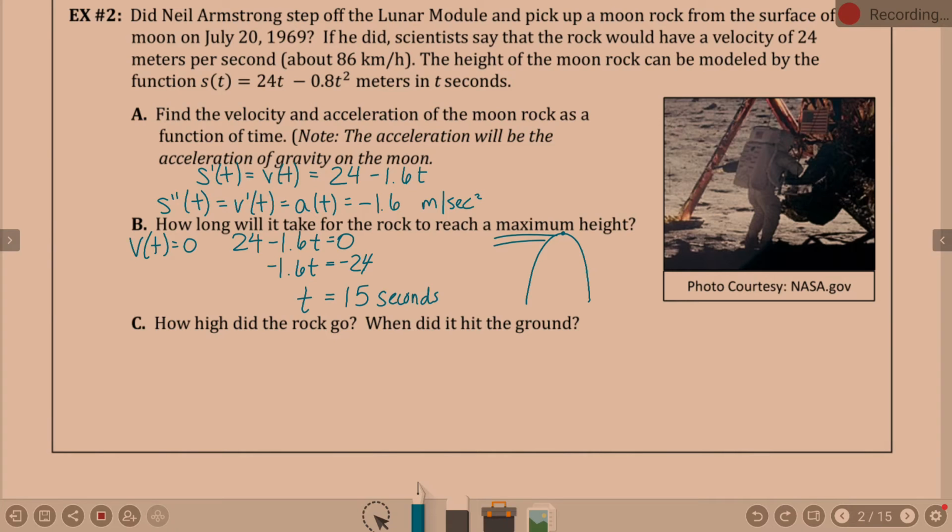So how high did the rock go? Well, how high was it at 15 seconds? So you're doing S of 15, which is 24 times 15 minus 0.8 times 15 squared. It's a plug it into the calculator type thing in my brain.